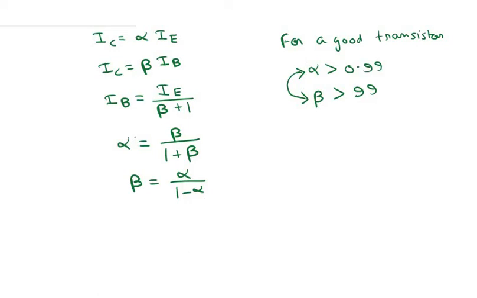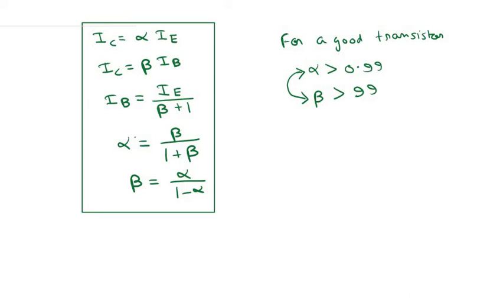solve problems. Okay, now returning back to our previous day's discussion, we also noted another equation, that since the base to emitter junction is a forward bias diode, the emitter current IE is approximately equal to IS exponential VBE divided by VT, where IS is the reverse saturation current of the base to emitter diode.